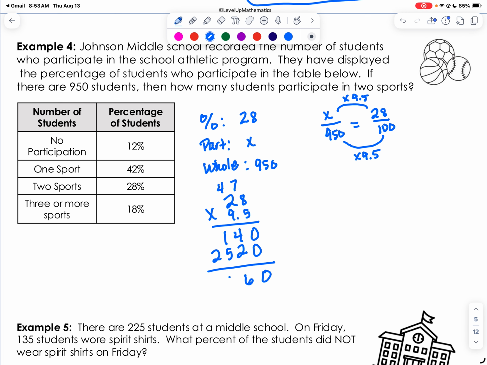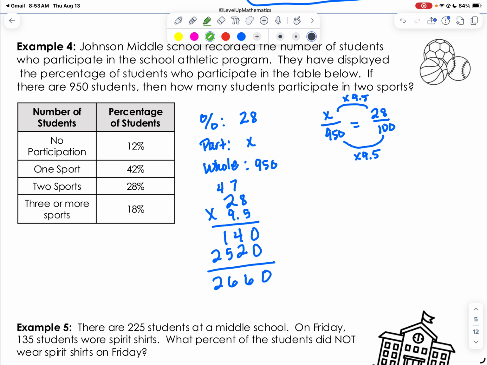0, 6, 6, 2. Now, remember, we cannot have 2,660 students who participate in 2 sports because there are only 950 students in the school.